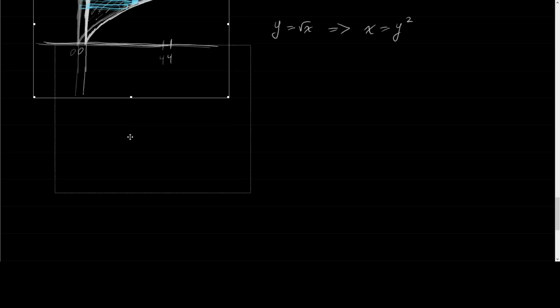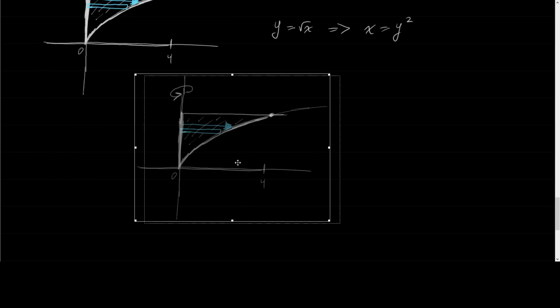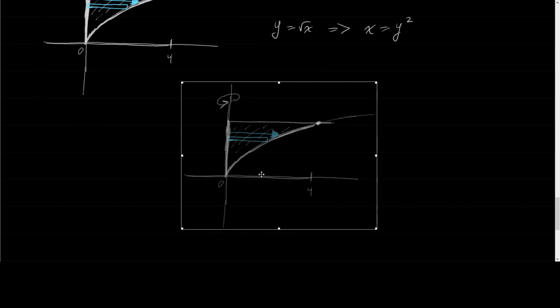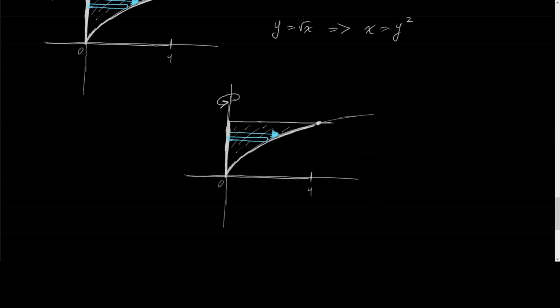So I'm going to put this over here, more centered. And let me erase some things here. All right. So what we end up with here is something like this. Let's say that's -4. All right, so something like that.